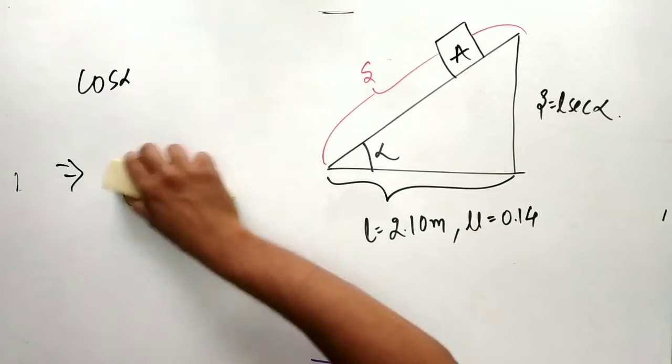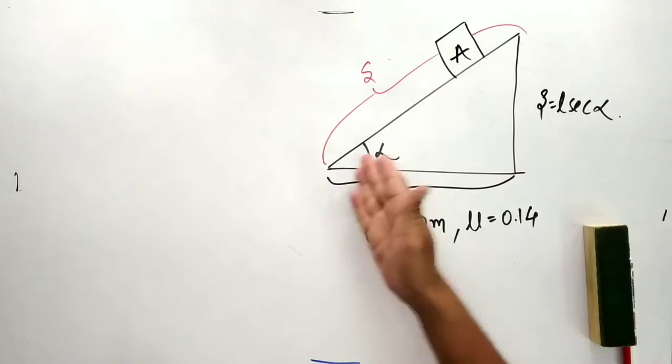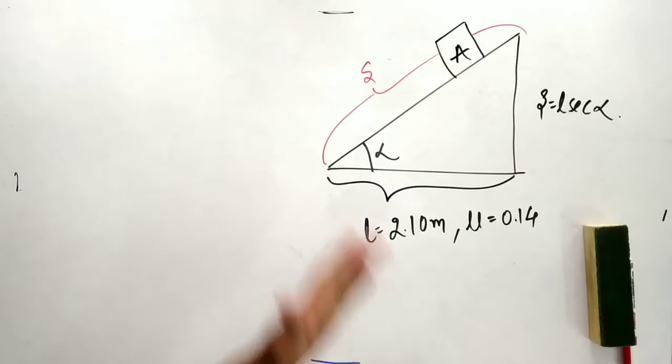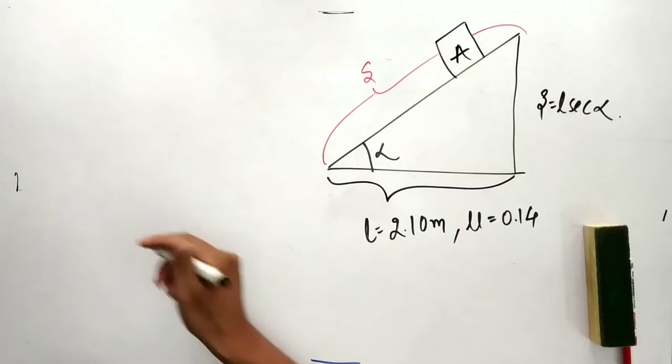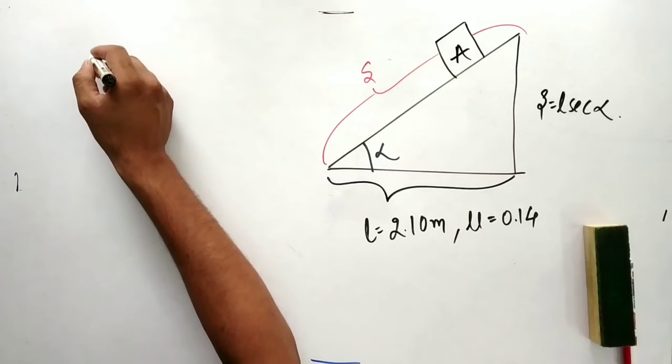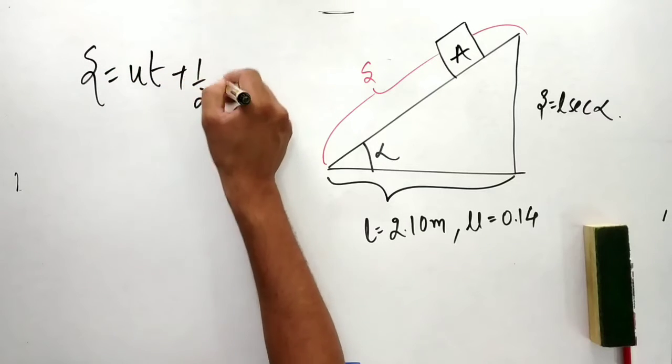Now let us calculate the time required for the body to reach the bottom. That time obviously will be in terms of alpha. We are going to use S is equal to ut plus half at square.